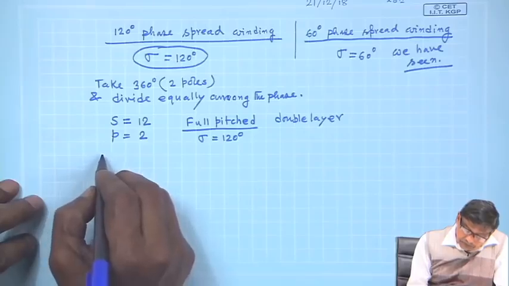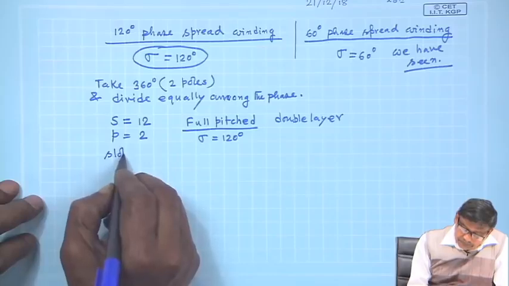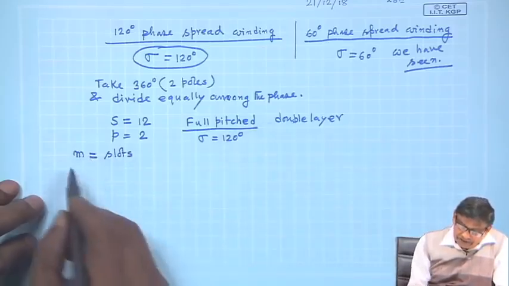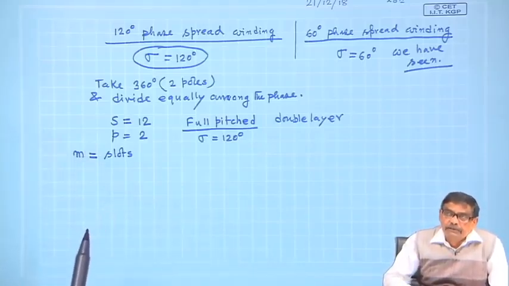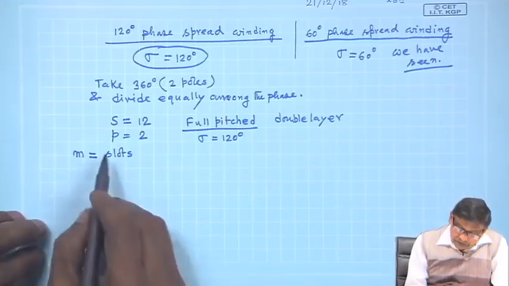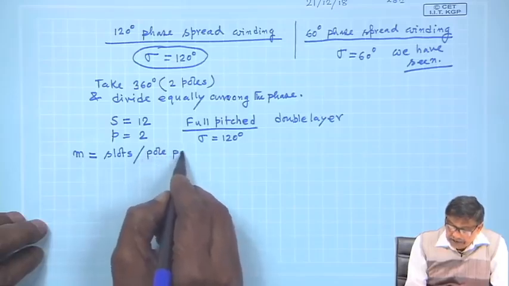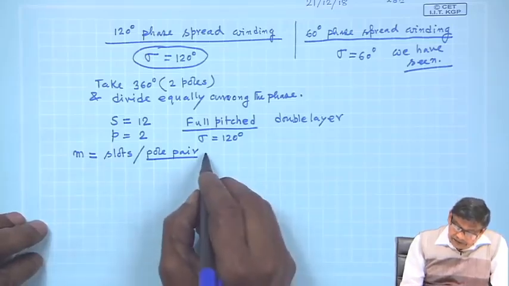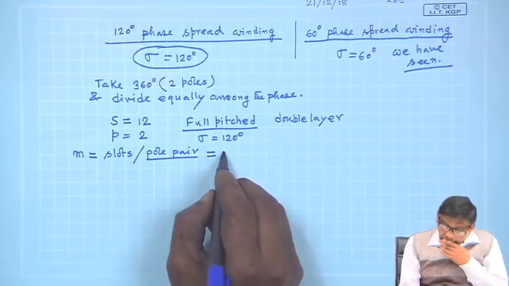So, slots, and this gives you the value of m, that m sin beta by 2 by m sin beta by 2 in the distribution factor while calculating. So, m, slots per pole pair, it is pole pair. So, in this case it will be 12 only.